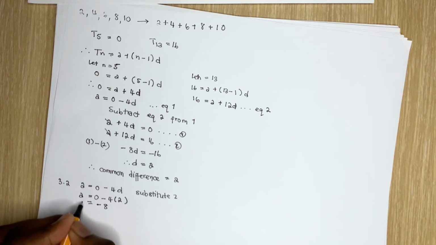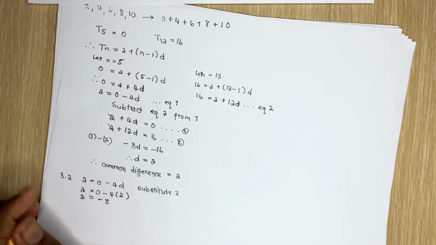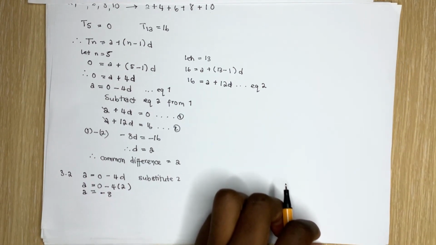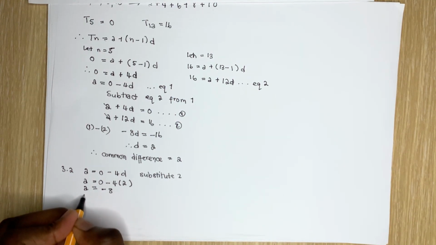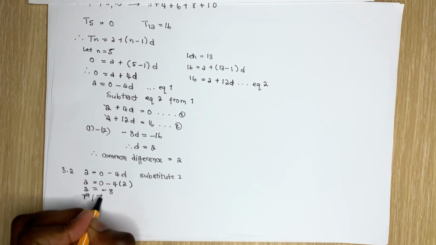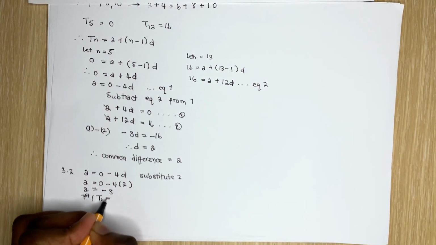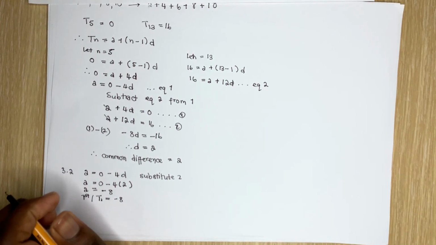So the value of A is negative 8, and you know that A is the first term of the sequence, so the first term, T1, equals to negative 8.